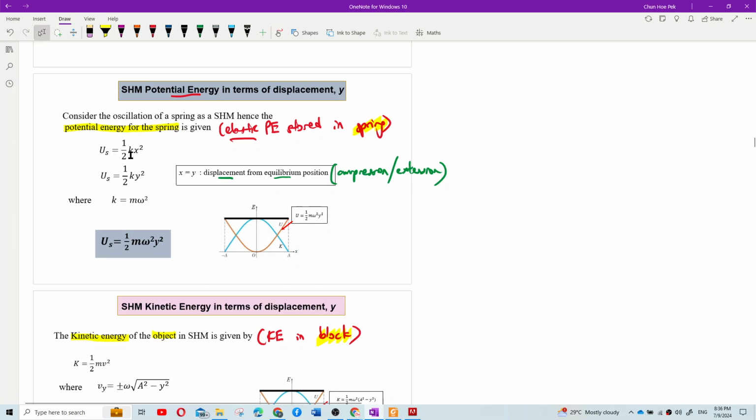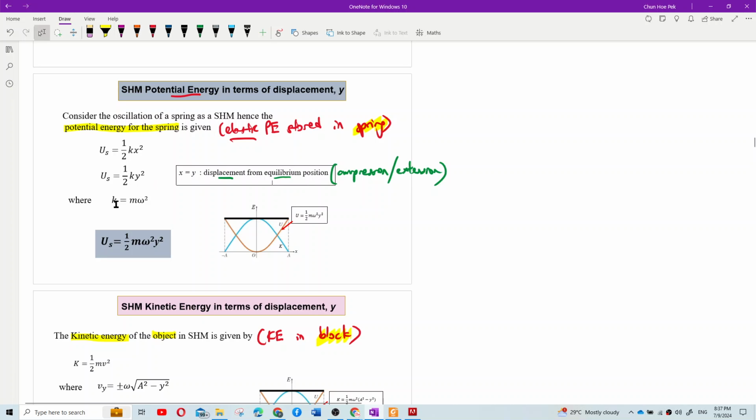We just change the symbol from x to y, so the formula is half ky squared. Actually x and y are the same, but we use y because we use the y component. So y is the displacement, or we call it the compression or extension of the spring.